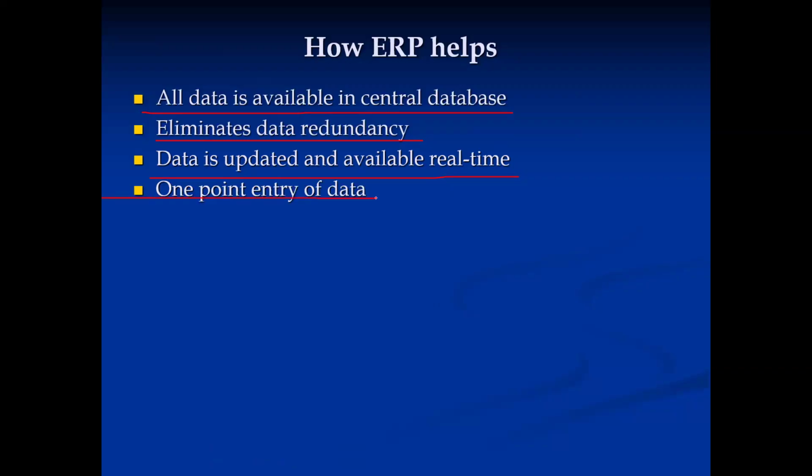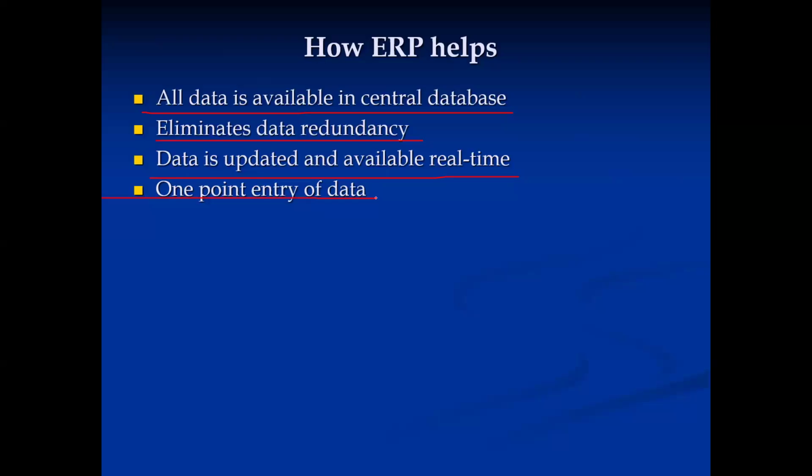One point entry of data means in the organization, it is enough to enter the data at one point, in one department of the organization. Then it will have the impact on the other departments wherever necessary. That's what I told you. When the purchase invoice is entered in the purchase department, it has the impact in the accounts department.